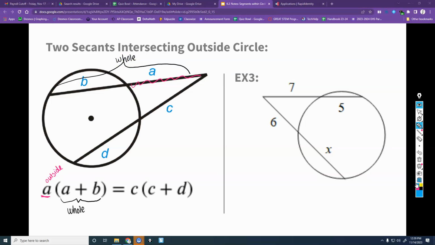And then for the other line, you've got C, which again is your outside, times C plus D, which is the whole. So you got outside times whole equals outside times whole for these.